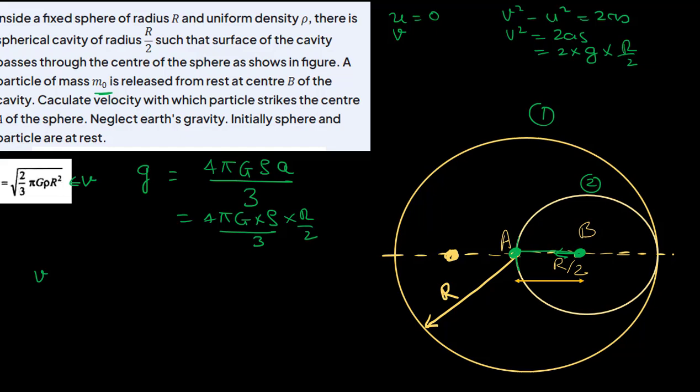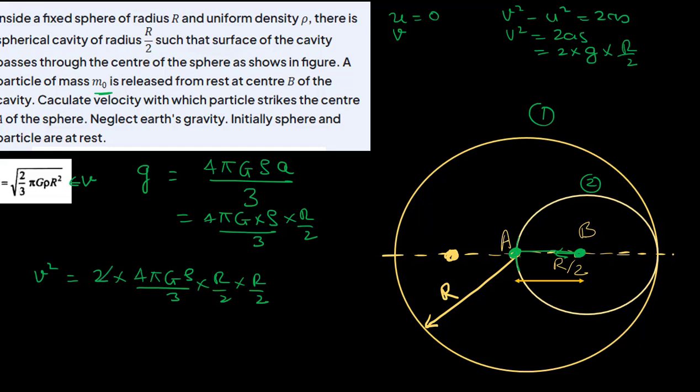So v square will be equal to 2 into g, which is 4 pi g rho by 3 into r by 2, into r by 2. So what do we get over here?